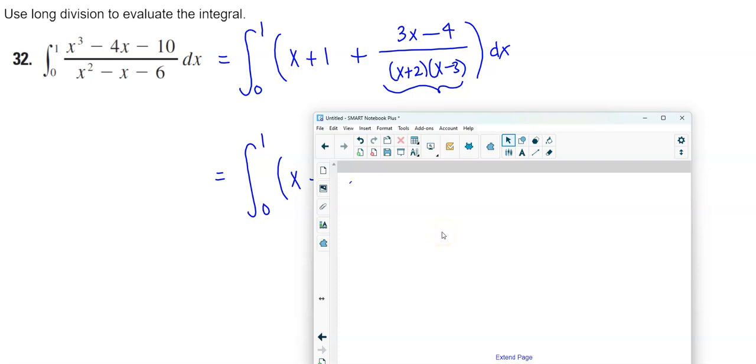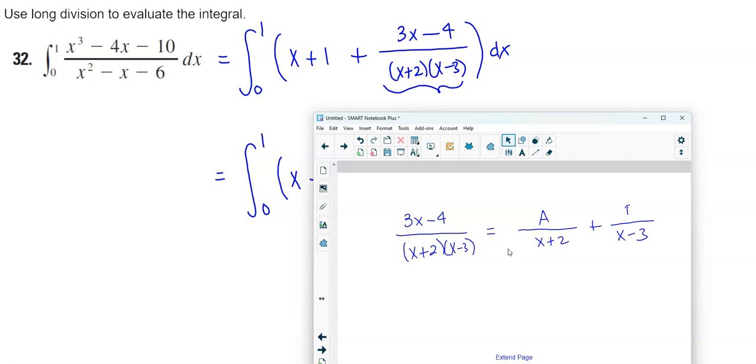Okay, so that means that we have the following. We have 3x minus 4 over x plus 2 times x minus 3, and so that's going to equal a numerator over x plus 2 plus another numerator over x minus 3, because we've got to convert this into a partial fraction.